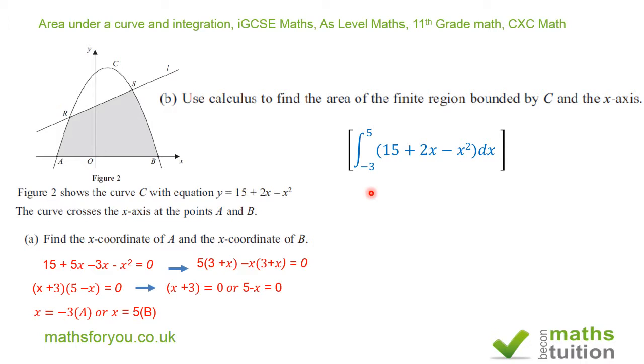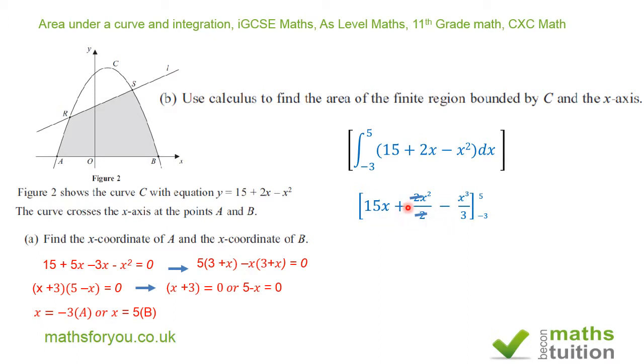And my limits are 5 and minus 3. And when I integrate, I have 15x plus 2x squared over 2 minus x cubed over 3. Now I'm going to cancel the 2's in the middle term. So we'll now end up with, and of course our limits are still 5 and minus 3.